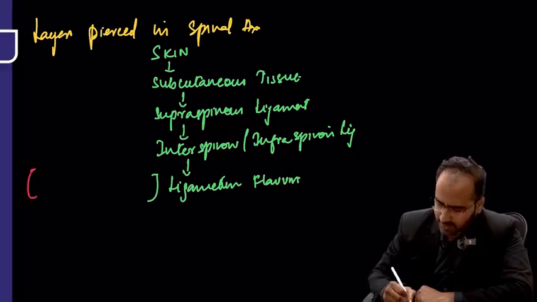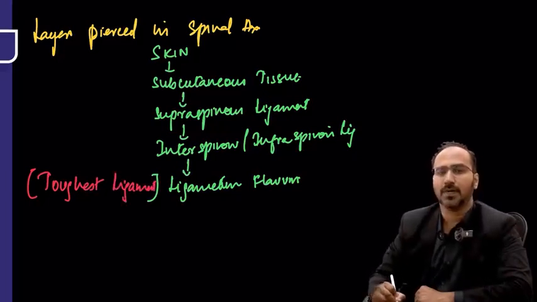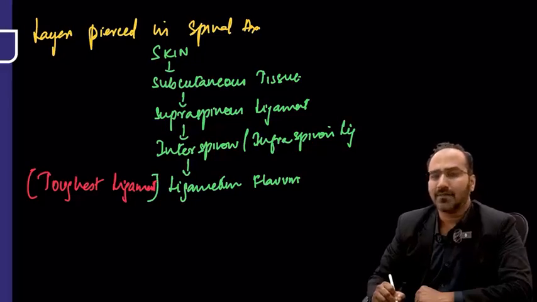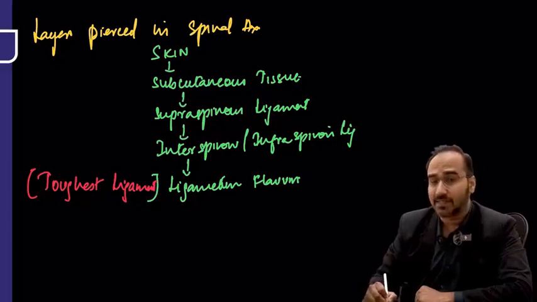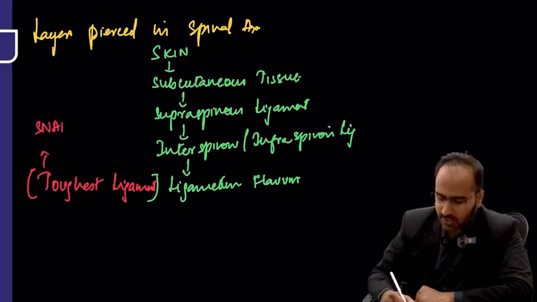Ligamentum flavum is the toughest ligament, or the hardest ligament. Toughest or the hardest ligament to be pierced. Once ligamentum flavum is pierced, as it is the toughest ligament, on piercing of it, you will feel a snap or sudden loss of resistance.